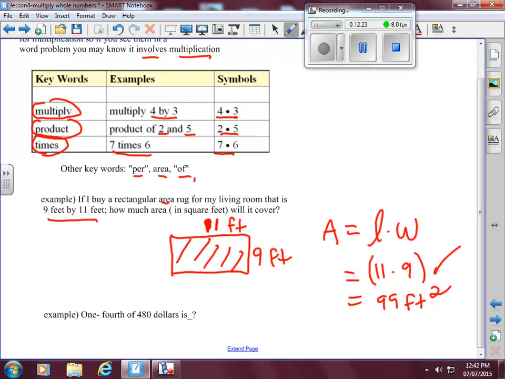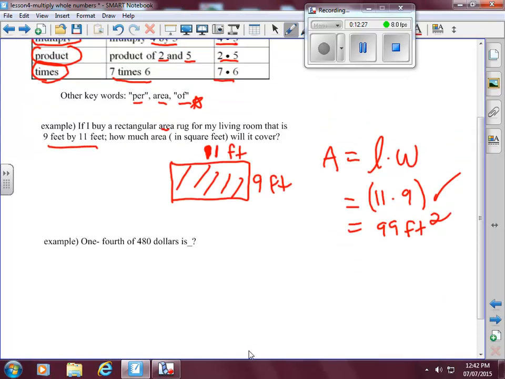Also, what do I mean by the word of? Well, when we get to the chapter on fractions, we're going to see that a lot. We're not supposed to talk about fractions just yet, but 1/4 of 480 bucks is, so you can say that of means multiply. So 1/4 of 480. 480 is really over 1. When we get to the chapter on fractions, you'll see that when you're multiplying two fractions, you can travel straight across. So you can say that's 480 over 4.